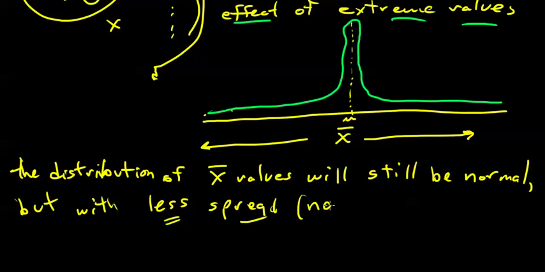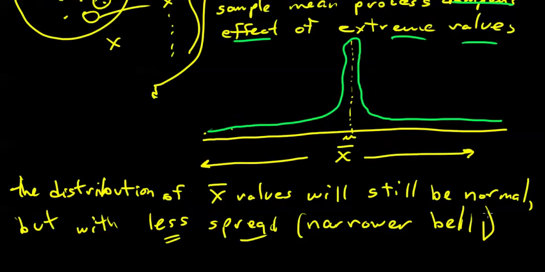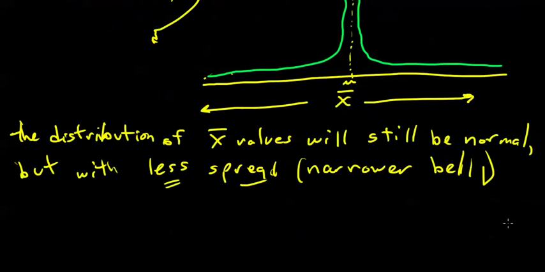Or you could say that the bell will be narrower. Narrower bell, right? And as we know, standard deviation measures the spread, so if you've got less spread, that's equivalent to having a smaller standard deviation.